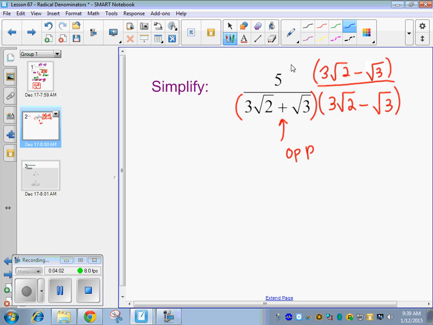So in the numerator, we're going to distribute this to this, this to this. And remember the outside numbers multiply together, so that'd be 15 root 2, and minus 5 root 3.